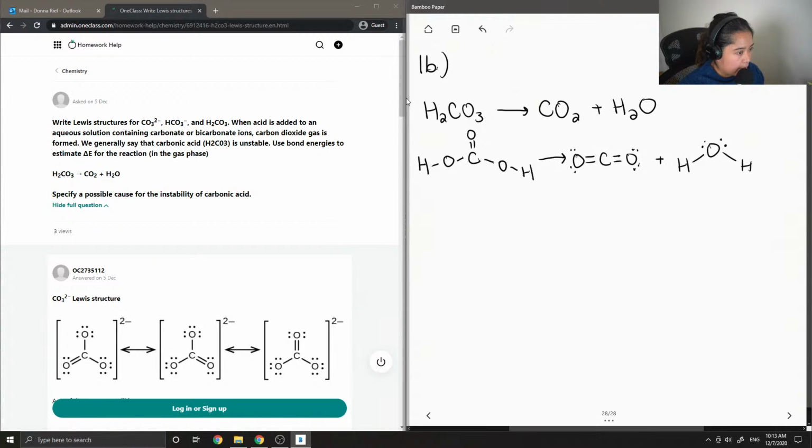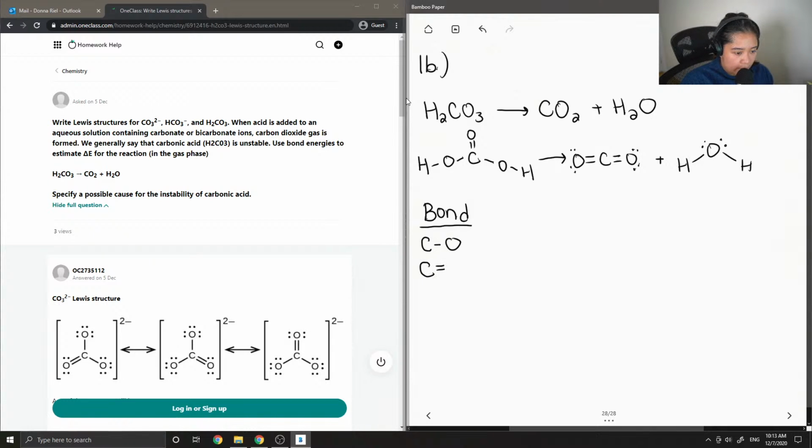So when we want to use bond energies to estimate delta E for the reaction in the gas phase, it's easier to just make a table showing all the different bonds that are broken and formed. So we have 3 types of bonds for all 3 of these different molecules. We have a single bonded carbon and oxygen as one of the bonds.